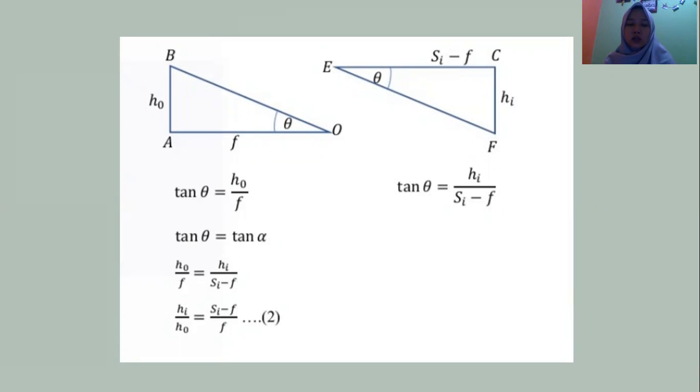So HO divided by F equals HI divided by (SI minus F). So we can get the second equation: HI divided by HO equals (SI minus F) divided by F.